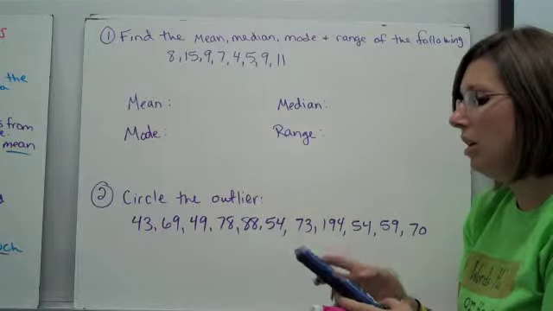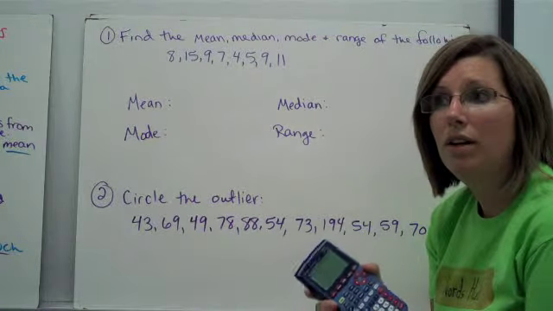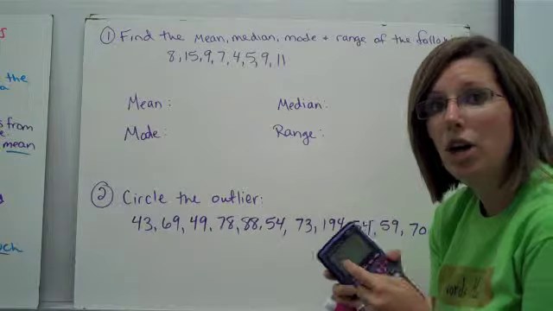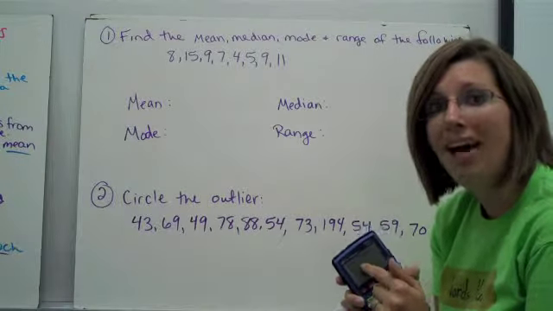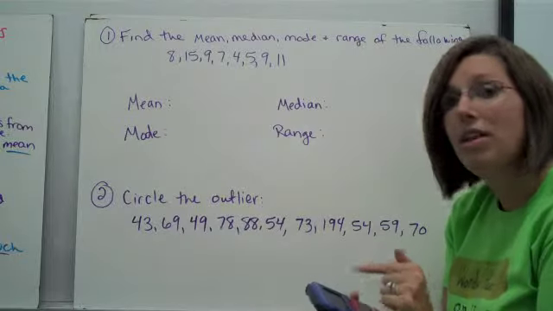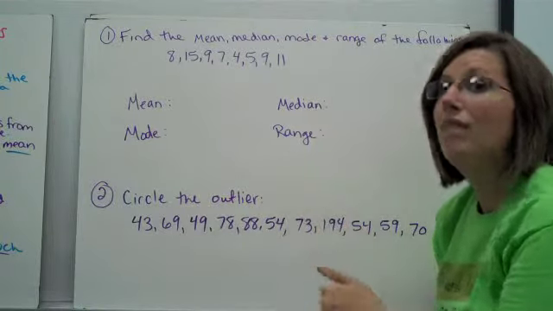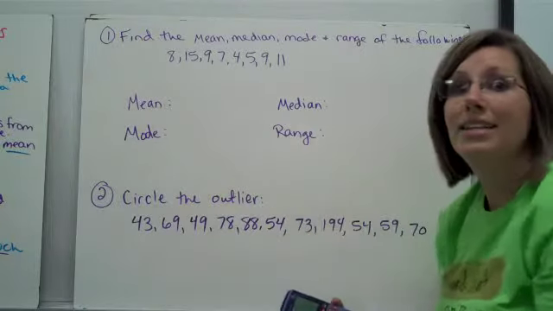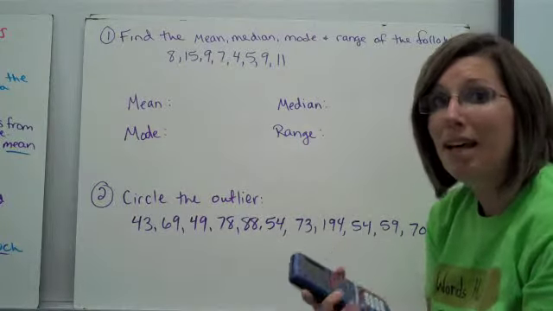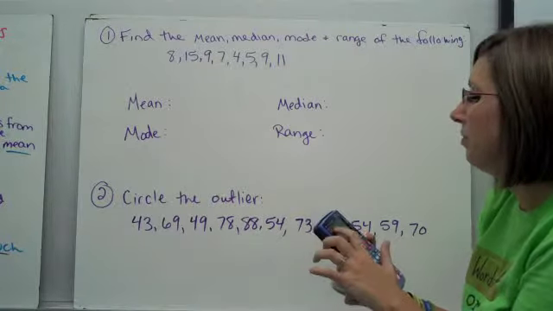So we enter all of our pieces of data in our calculator. What I like to do, since your calculator has a big screen, is go back and count and make sure that you have 8 pieces of data typed in your calculator. Make sure that they are the numbers that are here on your paper. If you meant to put 8, but you accidentally typed 7 or something, go back and fix that before you do your problem.